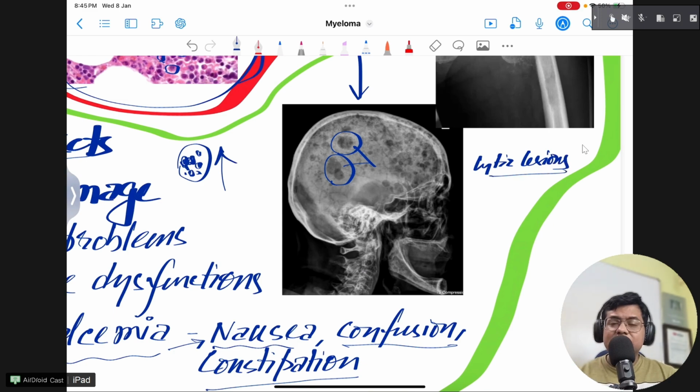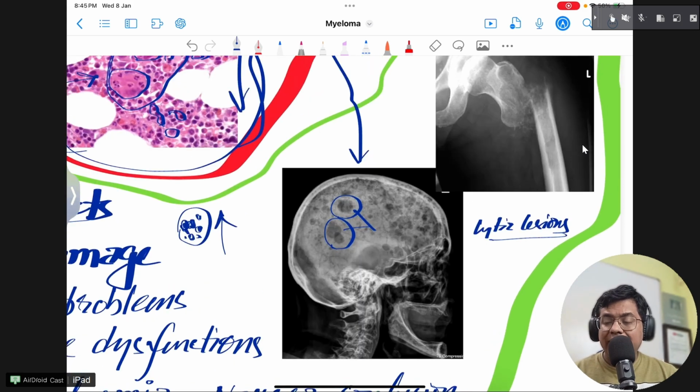These lytic lesions are one important feature of multiple myeloma, and these lytic lesions make the bone weak, and these bones easily get fractured even without any trauma.